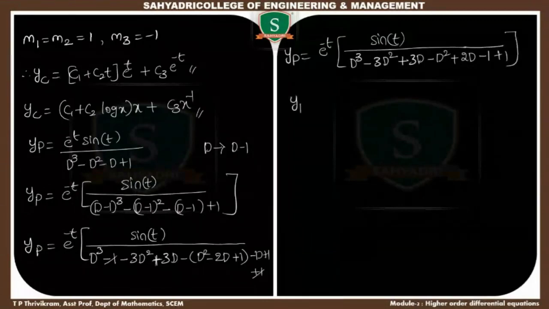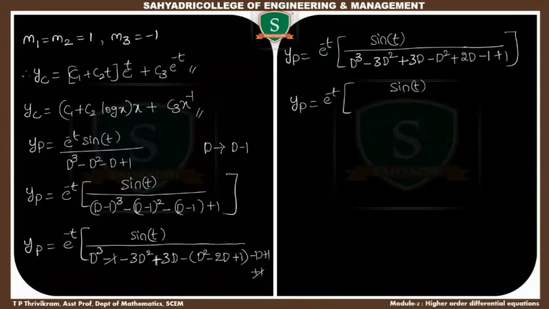So yp is equal to e power minus t sin t divided by d cube, okay, minus 4d square.